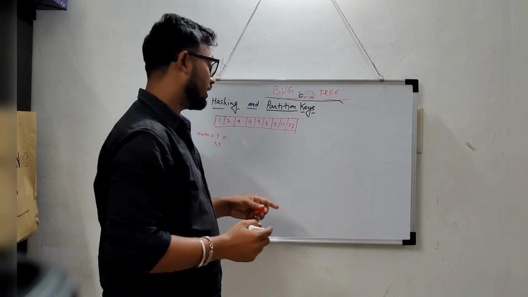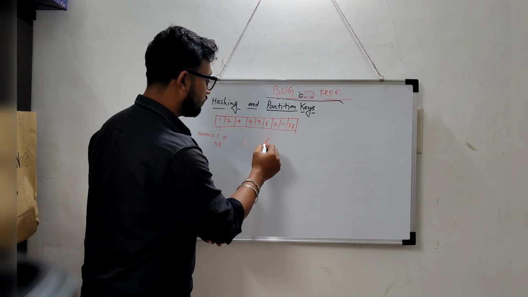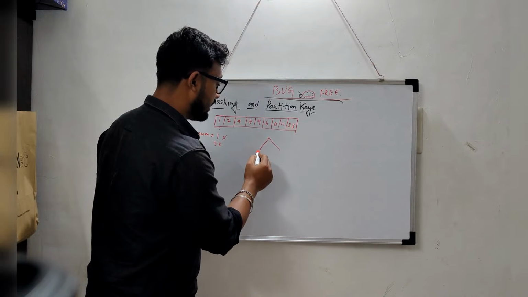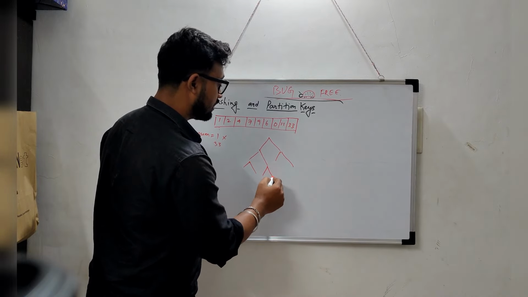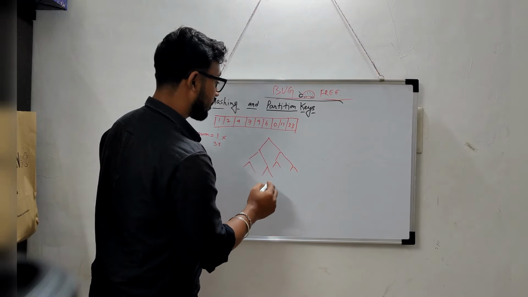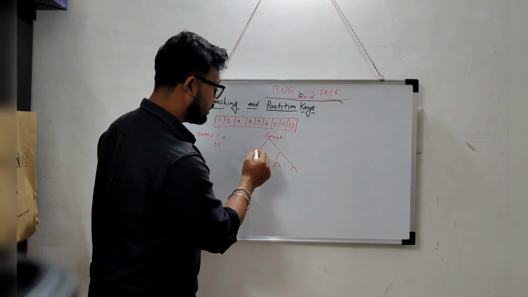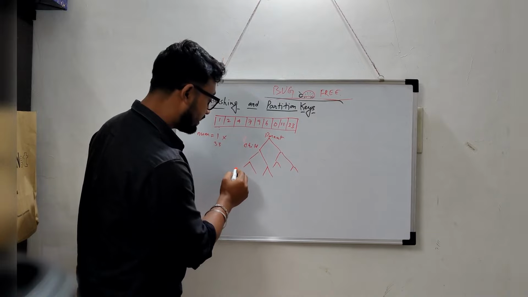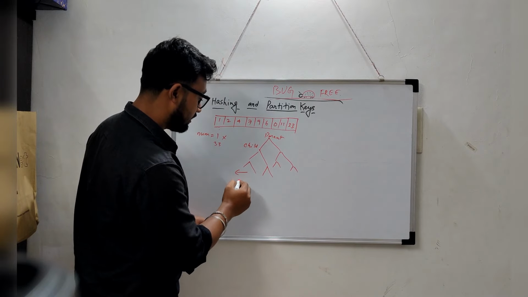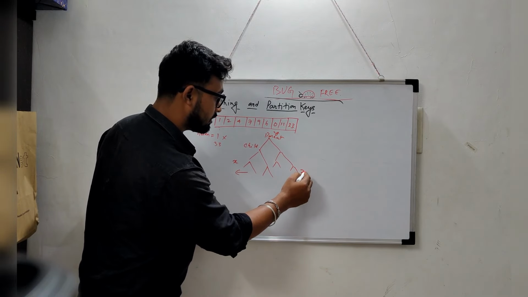The other way to search is binary search. We simply divide into half, like a tree, then half again, and the search continues, where this is the parent node and the others are child nodes. Say the left side is denoted by x, this is y, and this is z.